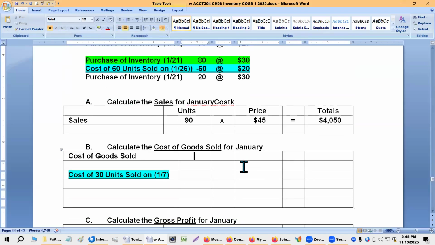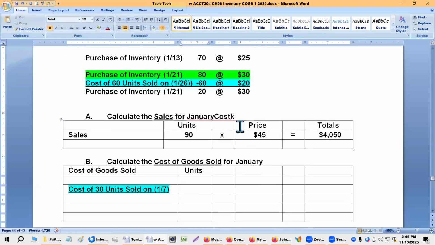Okay, so we have units. We had 30 at 20, $600.